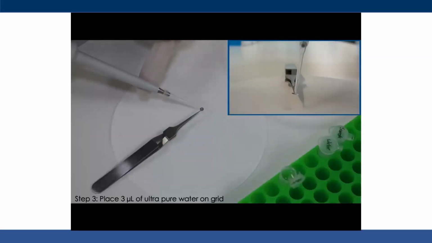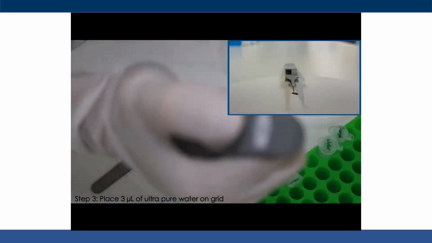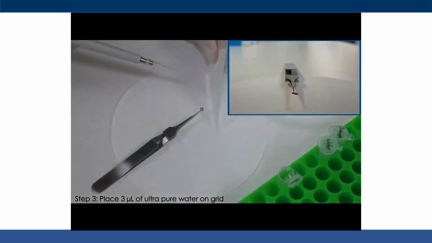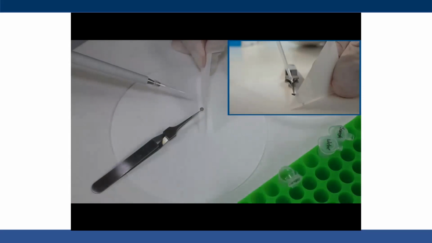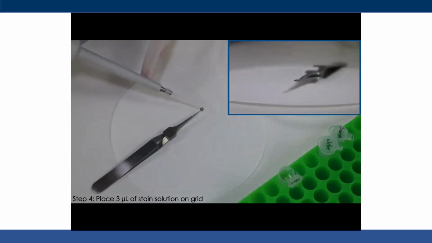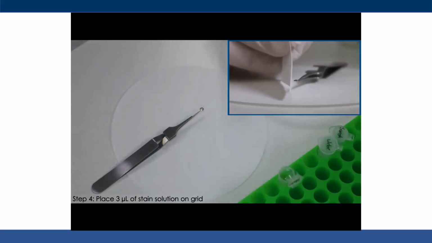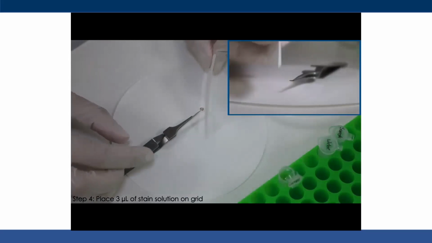Immediately after blotting, place 3 microliters of ultra-pure water on the grid and prepare a pipette with 3 microliters of stain. Then blot the excess liquid from the grid with a wet blotting paper. Immediately after blotting, place the 3 microliters of stain solution from the prepared pipette on the grid. Wait approximately 10 seconds and then blot the excess of the sample.